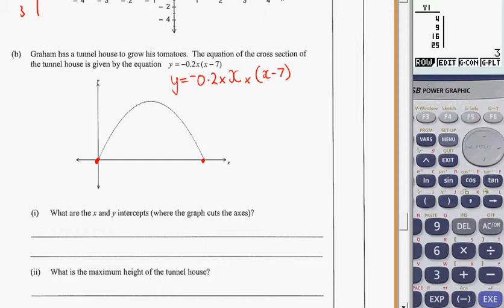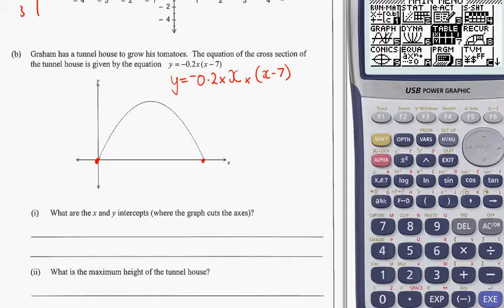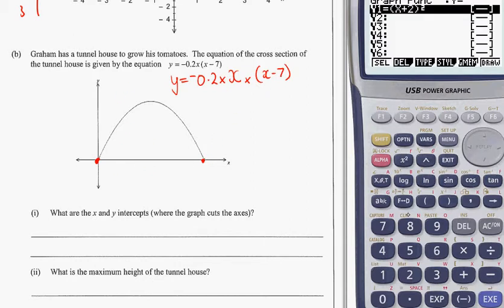Then you could come over to the calculator and we'll think of a way we could do it on that. To find features, things like intercepts, we go into the graph menu and the equation comes, oh no, that's the old equation, so we need to delete that. So let's put in this one, -0.2.